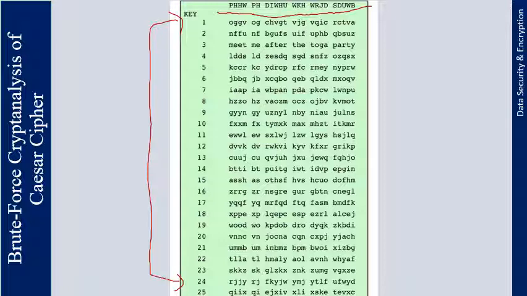For example, if we apply the 1 shift key, we get this value, and if we apply the 2 shift key, we get this value, and if we apply the 3 shift key, we get the actual value: meet me after the toga party. None of the other messages is actually readable. So an attacker may apply a brute force attack to extract the information.